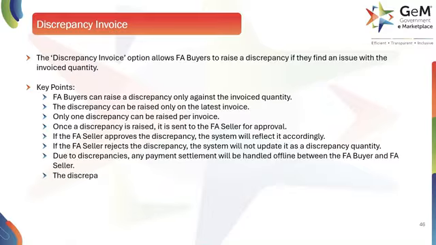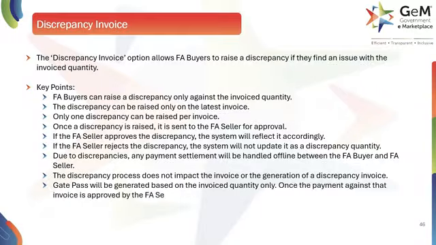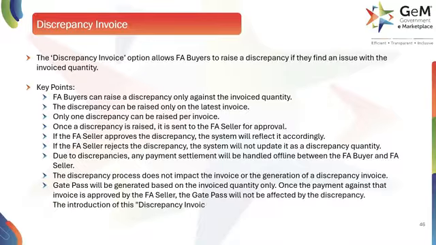The discrepancy process does not impact the invoice or the generation of a discrepancy invoice. Gate pass will be generated based on the invoiced quantity only. Once the payment against that invoice is approved by the FA seller, the gate pass will not be affected by the discrepancy. The introduction of this discrepancy invoice module will not change the current process for transaction charges.